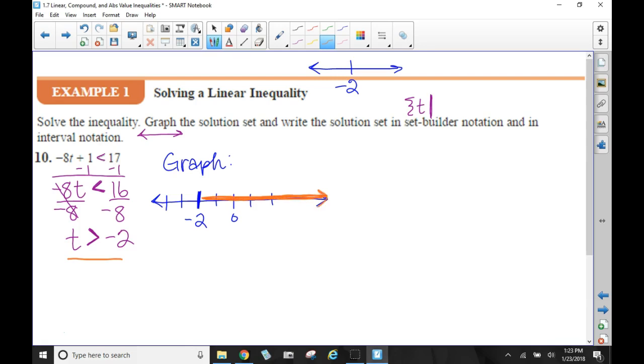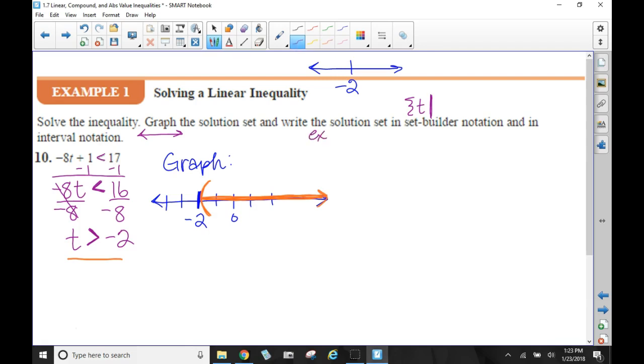And because the symbol was just a greater than, we're going to put a parenthesis opening in the direction where the action is occurring. The orange thing here on our number line is called the graph of our solution set. And so what we're saying is that any value in this orange shaded area of our number line would check back into our original inequality.